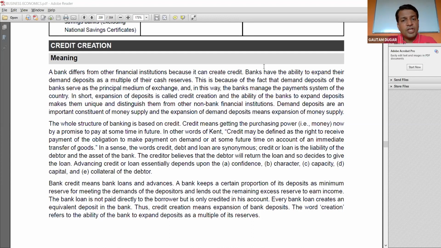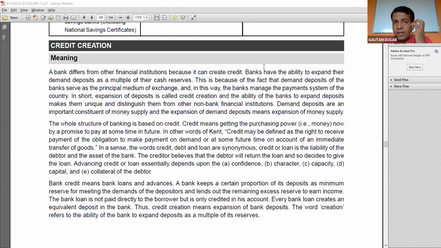What is the point? This is a portion about credit creation. Again, from here, we come down to one more conclusion: how does the central bank control credit? The central bank controls credit by various methods, one of which is variation in the reserve requirement.